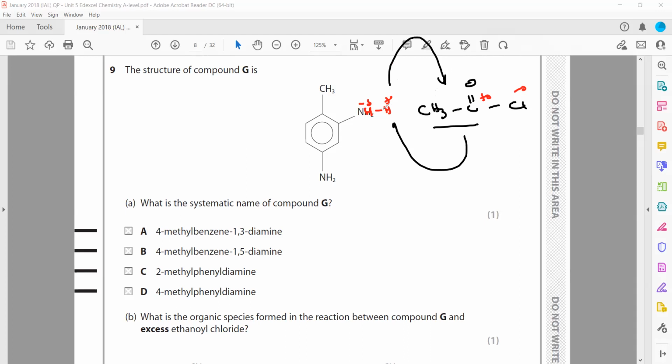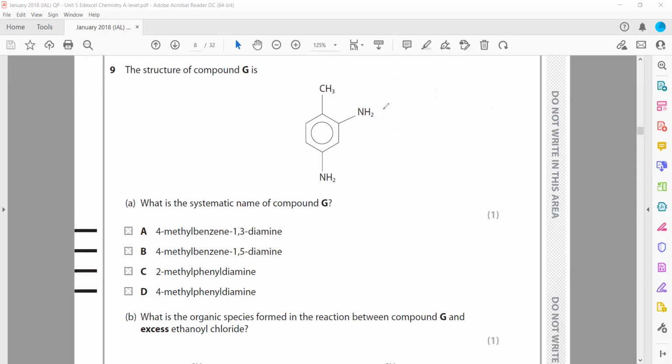One of the hydrogens will be removed, and then C double bonded with O and Cl will be attached. And the same thing happens. One of the hydrogens will be removed, and C double bonded with O and CH3, not Cl, CH3 will be attached.